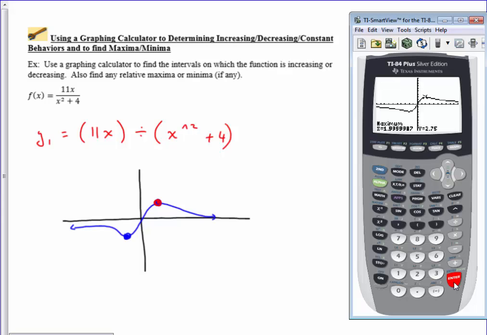So on this one, it looks like my maximum ordered pair would be 1.99999, and then y equals 2.75. I'm going to round that ordered pair and say that it's actually 2, 2.75. Some of your calculators might have given you an x value like mine of 1.999. Some may have given you an x value of 2.00001, something like that.